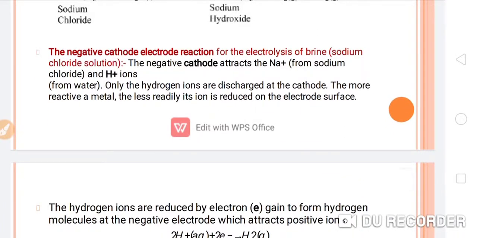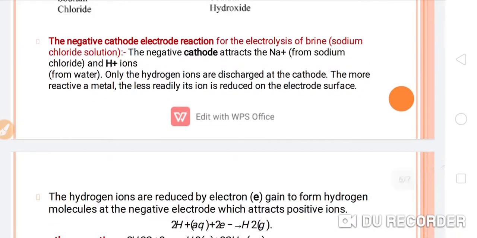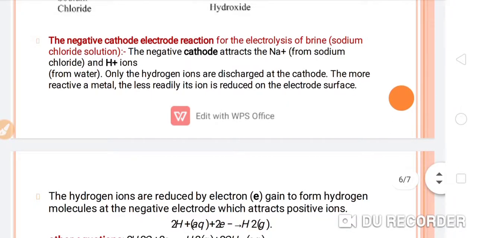The negative cathode attracts the Na+ and H+ ions. Whatever positive ions are present during the electrolysis process will move towards the negative terminal, that is the cathode. Only the hydrogen ions are discharged at the cathode.